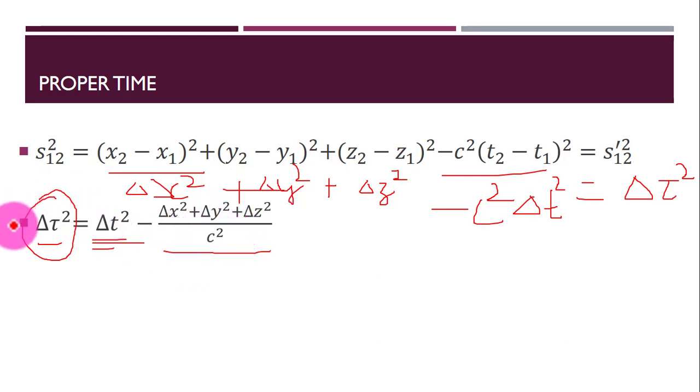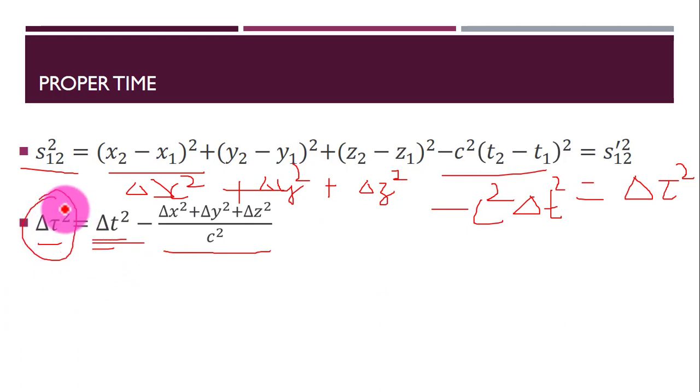Then you can calculate the proper time even in a frame where the two events are not occurring at the same position. This is the definition of proper time in Minkowski space, or in 4-vector space, which we will consider in the next video.